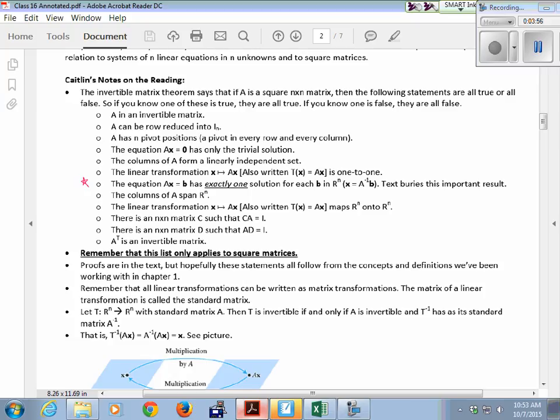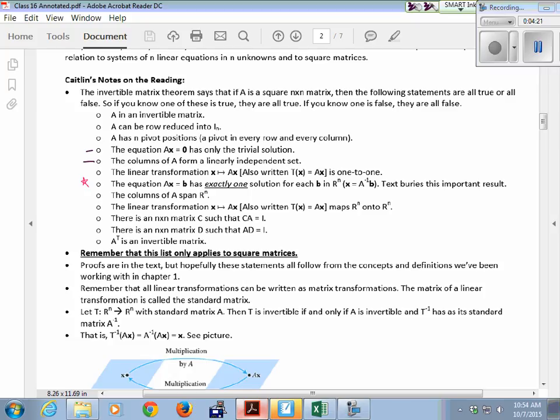If you have n pivot positions in a square n by n matrix, there has to be one in every column. There'd also have to be one in every row, because it's square and you have n of them. So these 2 bullets are saying the exact same thing: the columns of A are linearly independent, and the equation Ax equals 0 has only the trivial solution.